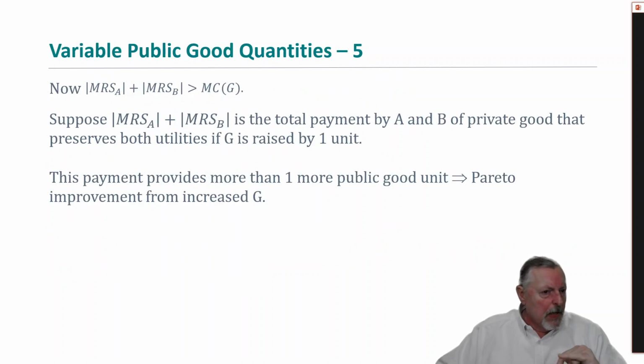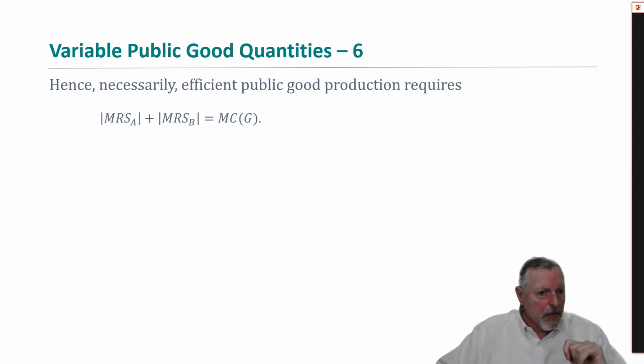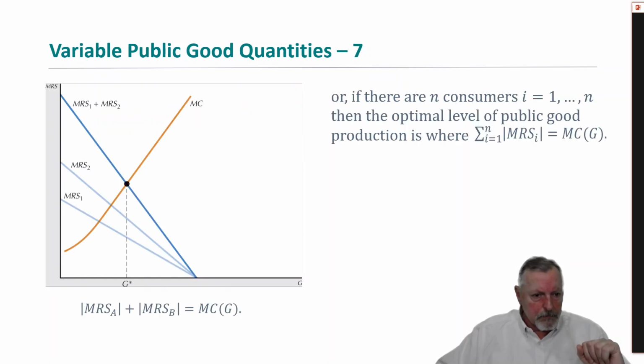So, this is the efficient level, the Pareto optimal level of total spending on a public good, such that this is true. The reservation price for one person plus the other person equals the marginal cost of the good. This is it graphically.